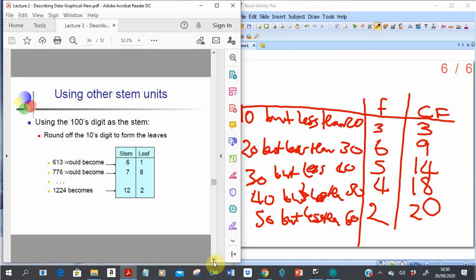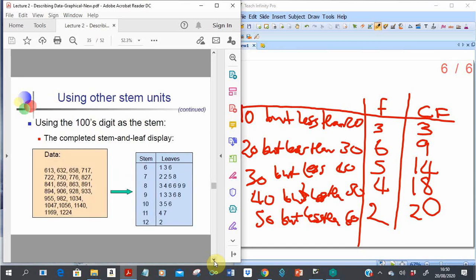For 776, 7 becomes the stem, and to the 7 we're going to add 1 since 6 is greater than 5, so it becomes 8. And there we have 12 becoming the stem and 2 becoming the leaf. So the whole data set will be represented by that.